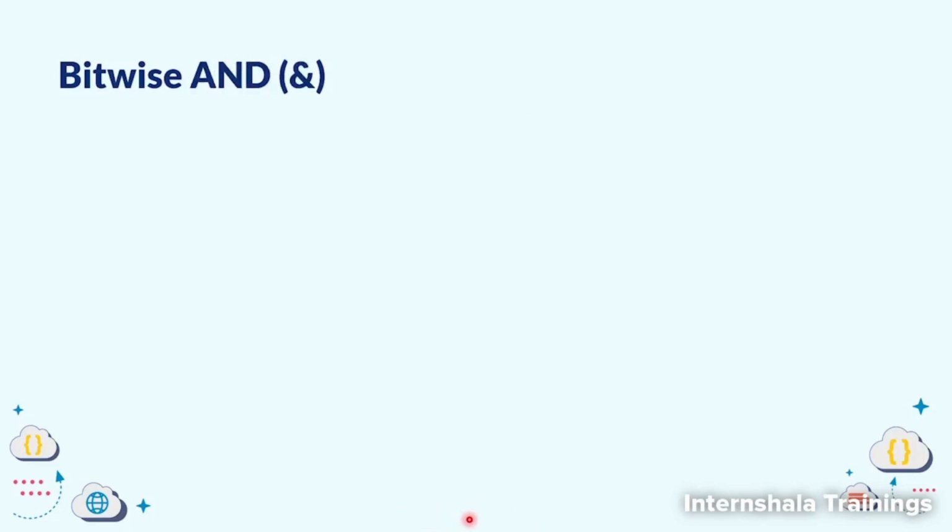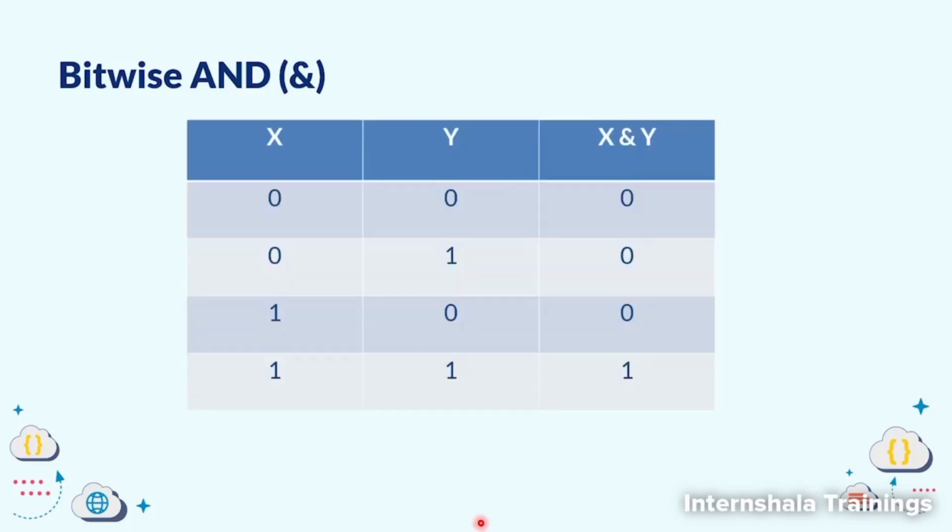The second bitwise operator is bitwise AND. It is denoted by this ampersand symbol. Let us again check the truth table for bitwise AND. So this is the table. Here again we have similar combinations. First, if both bits are 0, we are getting 0. If X is 0, Y is 1, we are again getting 0. And similarly, if X is 1, Y is 0, we are again getting the resultant bit as 0.